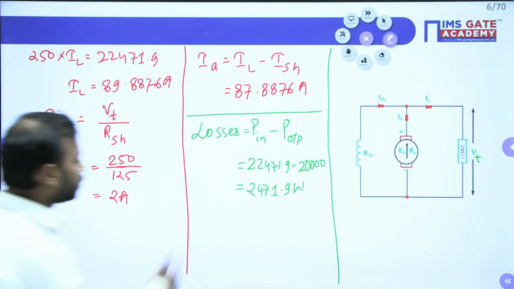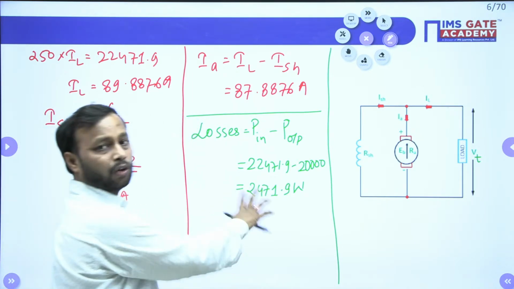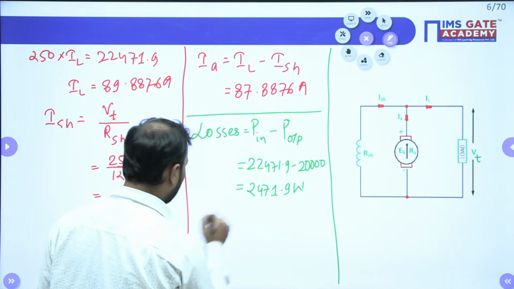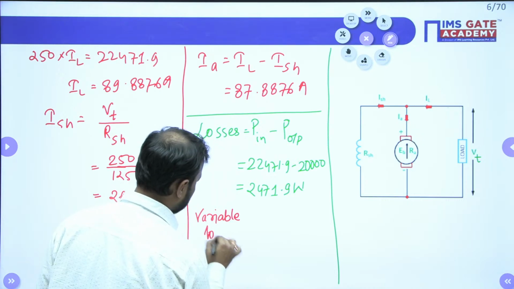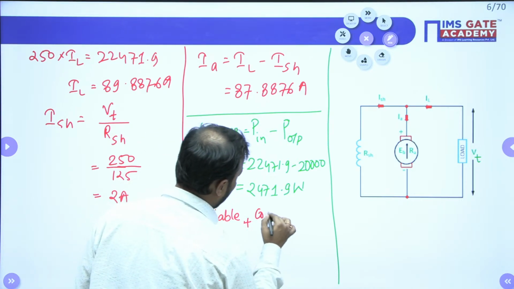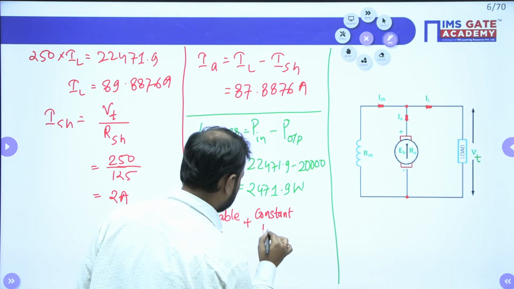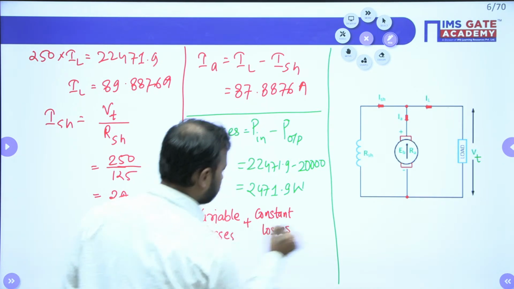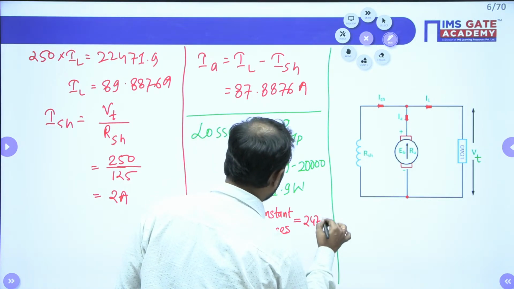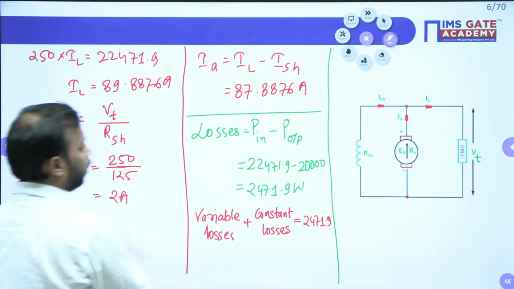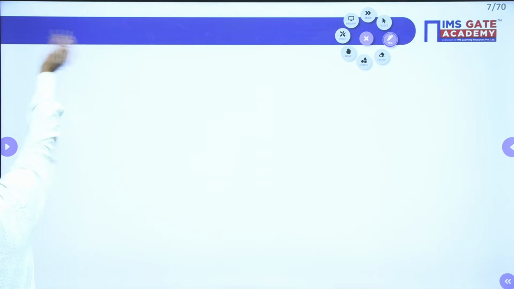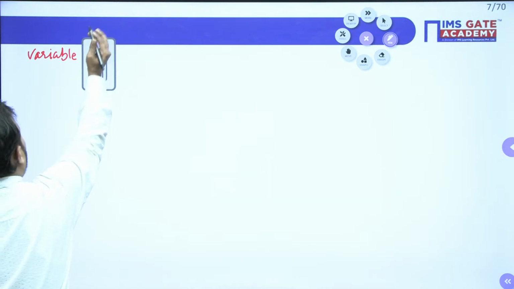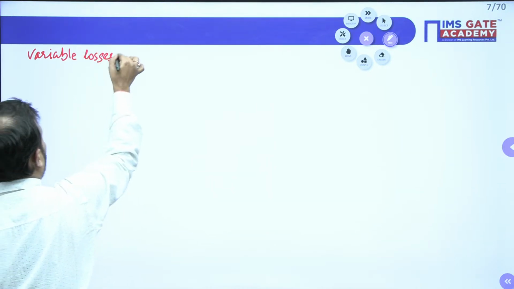Now this losses is occurring at the maximum efficiency. So this loss is variable loss plus constant loss, or you can say losses, equal to 2471.9. But at maximum efficiency, variable losses is equal to constant losses.